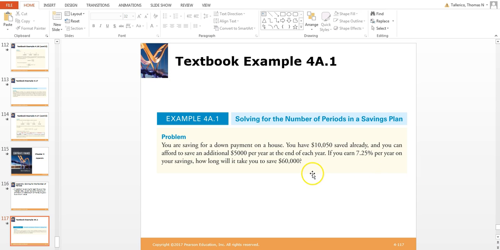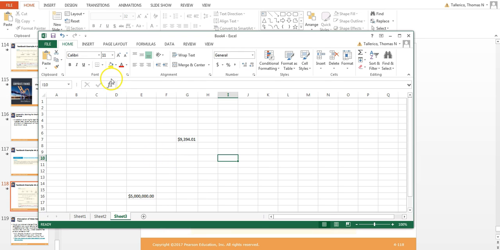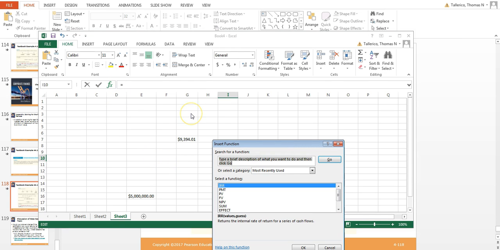We can also solve for the number of periods in a savings plan, and there's a function in Excel called NPER, and that's right here. I can just show you that. I'll type NPER and say go, and there it is right there.